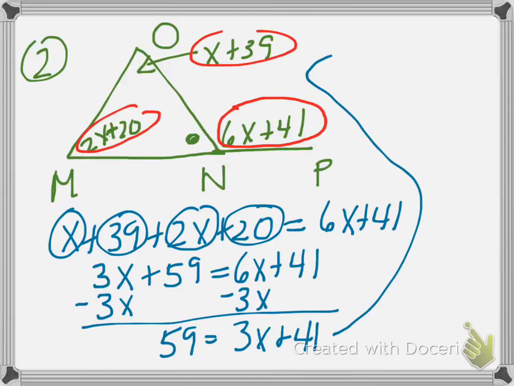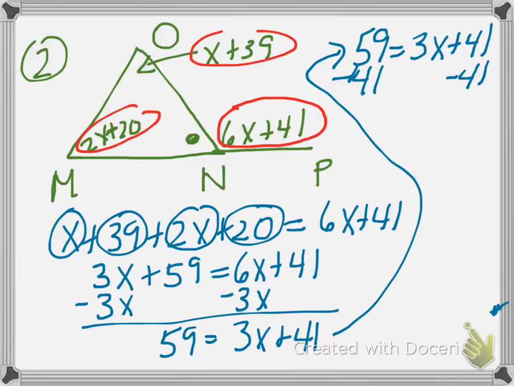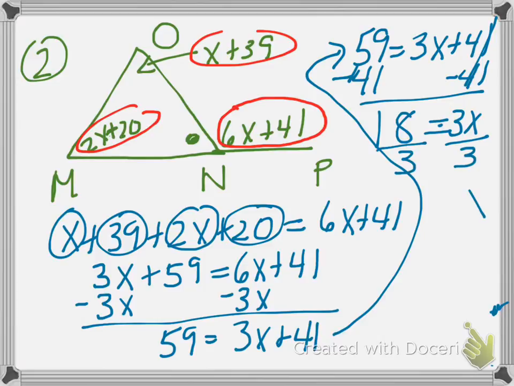Okay, I'm just going to go up here to make some more room. So 59 equals 3x plus 41. Subtract 41 from both sides, and you get 3x equals 18. Divide both sides by 3, and you get x equals 6.